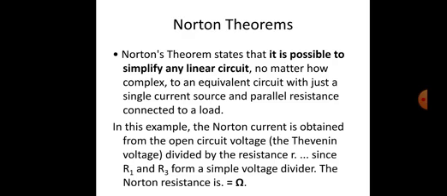The value of the current source is the short circuit current between the two terminals of the network, and the resistance is the equivalent resistance measured between the terminals of the network with all the energy sources replaced by their internal resistance.